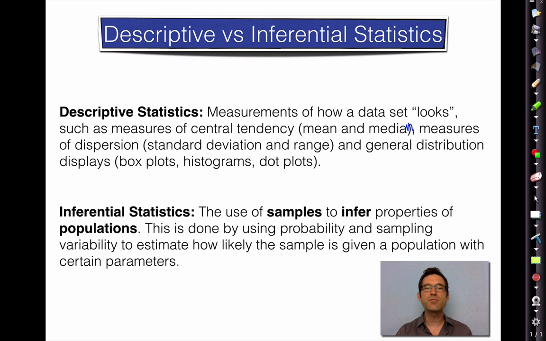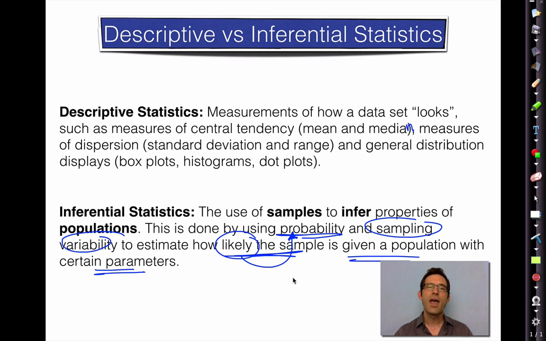We do this by using probability and sampling variability. We just did a unit on probability, and we use sampling variability to estimate how likely a sample is, that's the probability part, given a population with certain parameters.